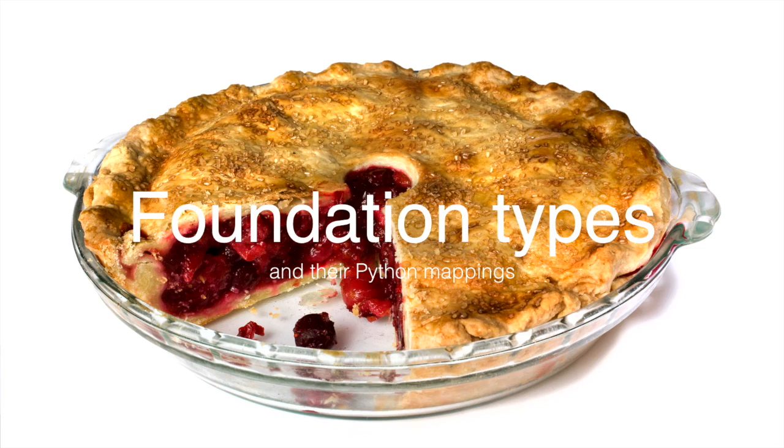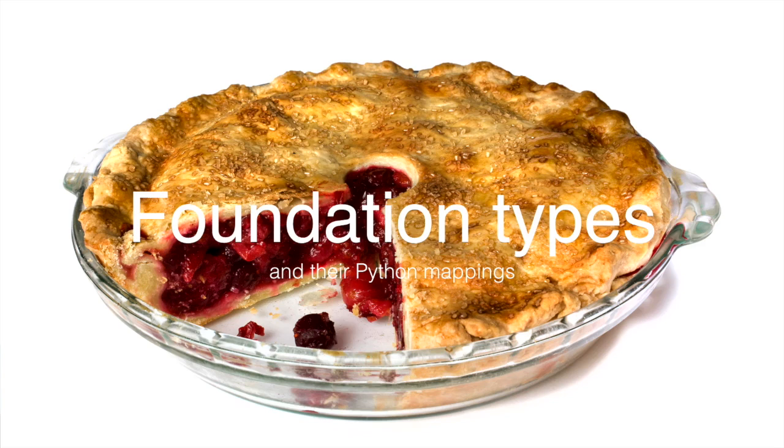When you call Cocoa functions or methods, often you have to pass values to them and you get values back. And values have types. Most of the types are called Foundation types, or they become objects that are defined elsewhere in the Cocoa frameworks. The great thing is you don't have to worry about a lot of that.